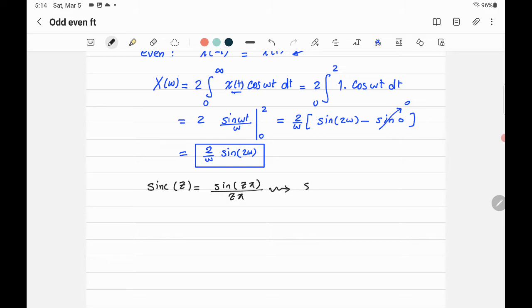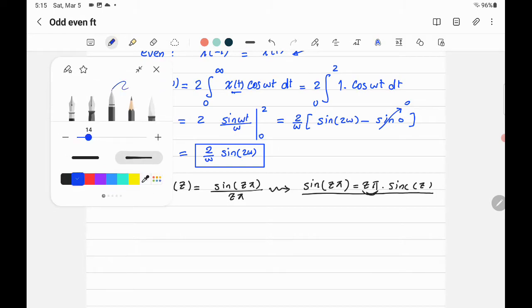In other words, you can say that sine z pi is equal to z pi times sinc z. So when you look at this expression, you can see that sine of any angle will be equal to this angle, which is z pi, multiplied by sinc, but without pi, divided by pi.